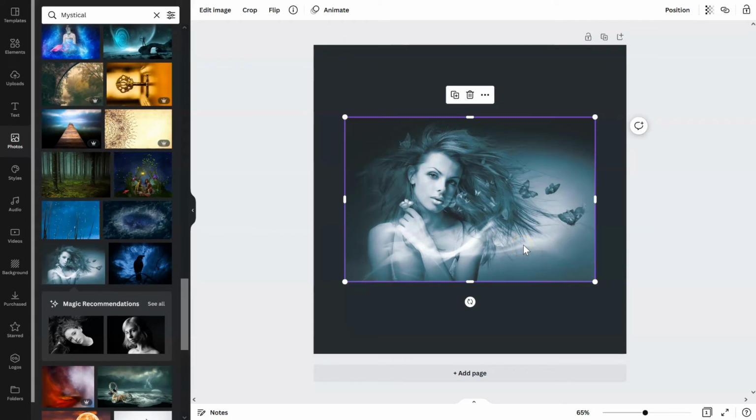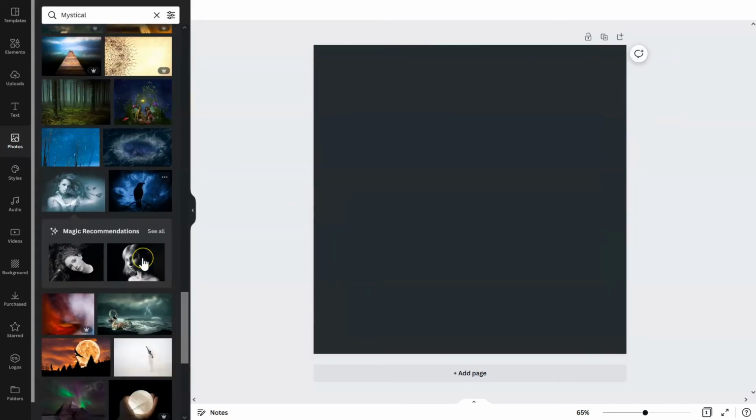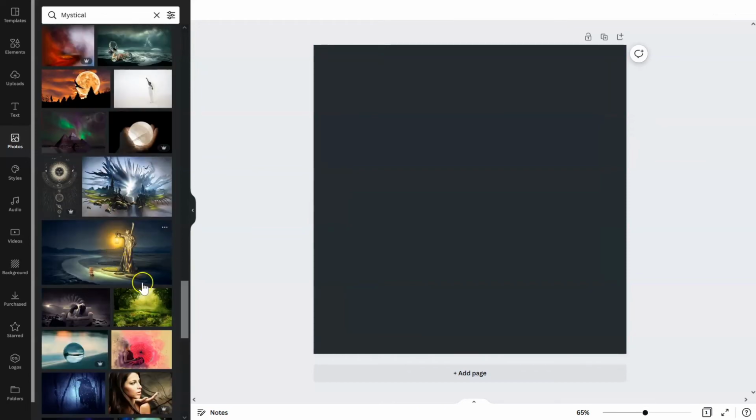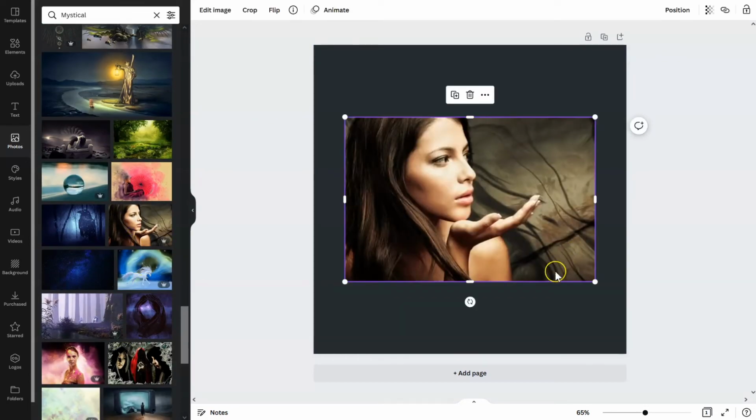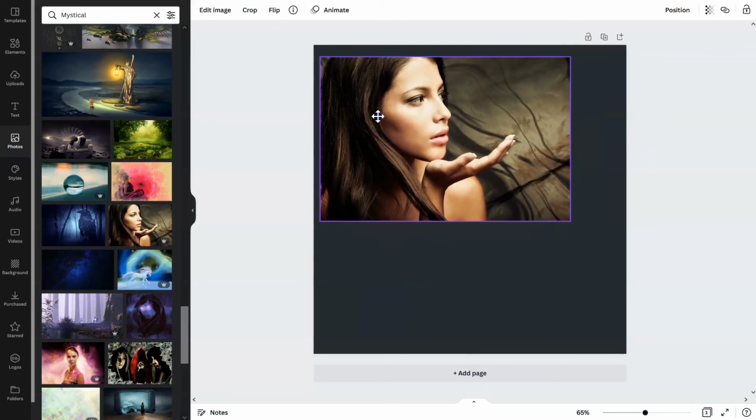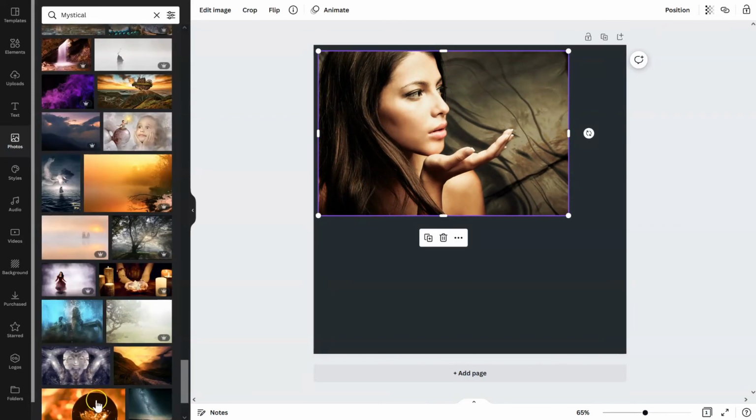That one's nice, but Marissa is a little bit darker. So I want to find something that's not darker, but oh, I really like that. Let's just put that up here.